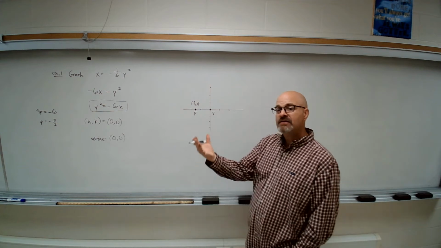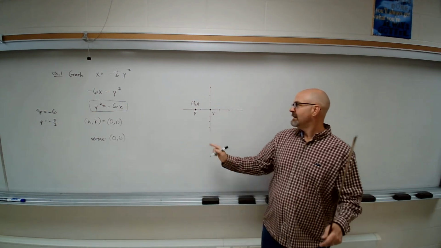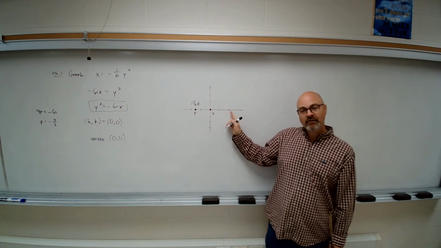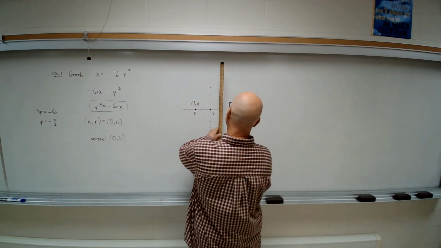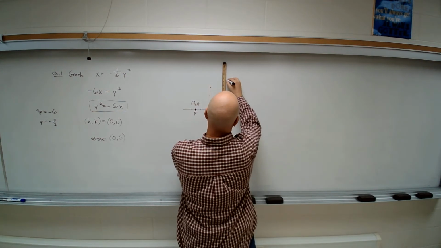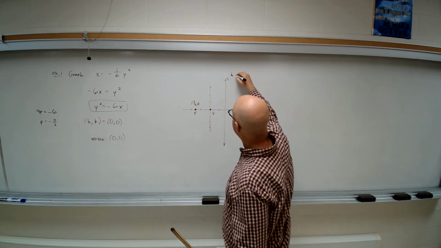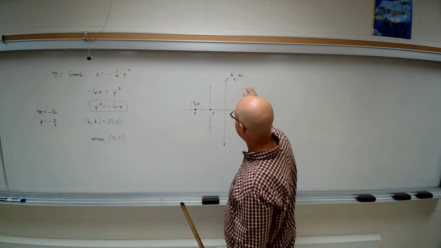Okay, and then the other side is where our directrix is going to be. So if the focus is 1.5 units to the left, we're going to go 1.5 units to the right of the vertex, and that's going to be our directrix. So that's going to be right here. And that would be the equation x equals, because it only hits the x-axis, 3/2.